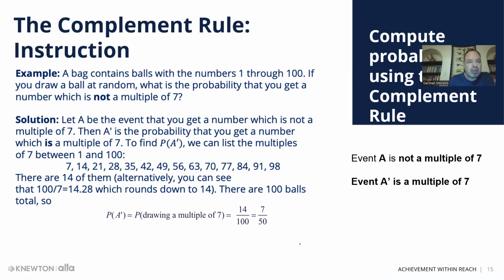This is much harder in terms of all the possibilities of things that are not multiples of 7. It's much harder to get at and to count. We could certainly do it because we're only going through 100, but it's much easier to figure out the other way.